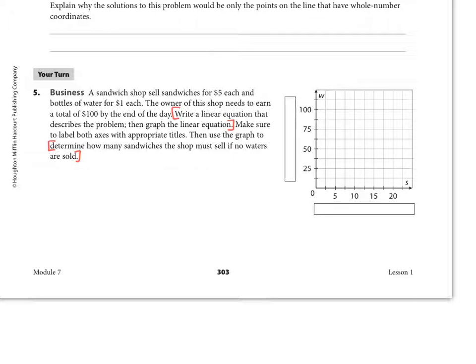Okay, so our unknowns really are, if you look over on the graph, it has us use W and S. And so our unknowns, if we're going to make $100, and this shop is selling sandwiches and waters: W is the number of waters sold, and S is the number of sandwiches sold.